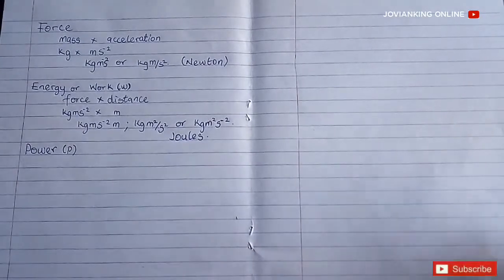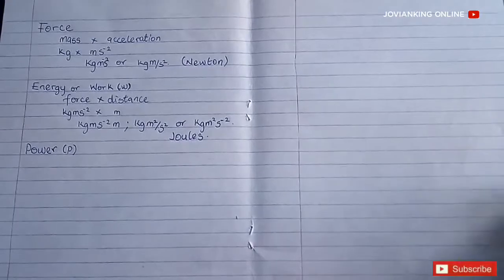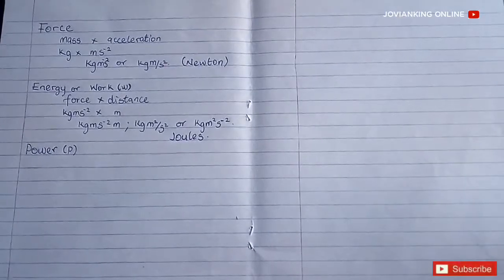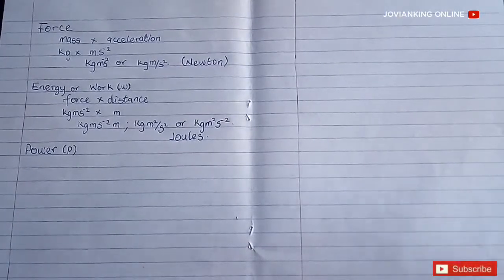So let's take, for example, two men are asked to cut a field. The first man may cut the field in 2 minutes. The second man may cut the same field, the same portion of land, in 5 minutes.